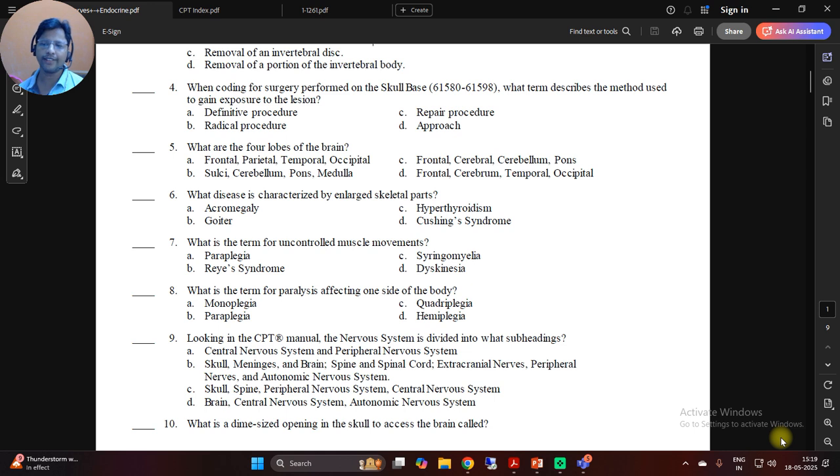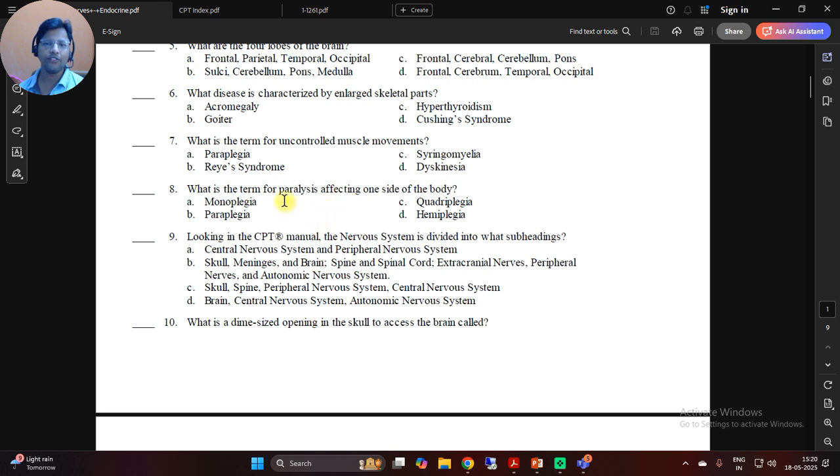But before going to the exam, you need to know the location of each and every word. You need to be familiar with your ICD-10-CM book. Most of the definitions will be available in the ICD-10-CM book. The seventh one is D, dyskinesia. The term for uncontrolled muscle movements is dyskinesia.